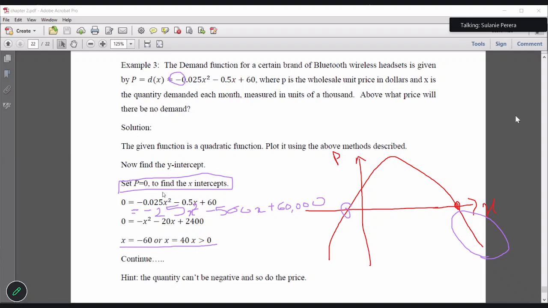So these are the quantities. If you plug in, we get minus 60, this can't be, so x equals 40. This is the quantity, x equals 40. According to this quantity you have to find the price.